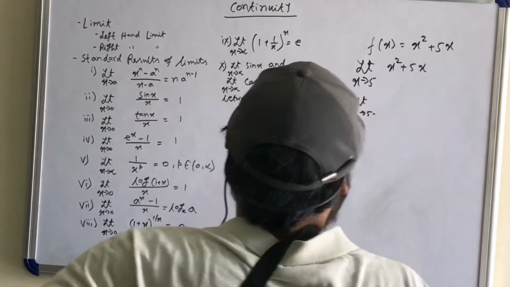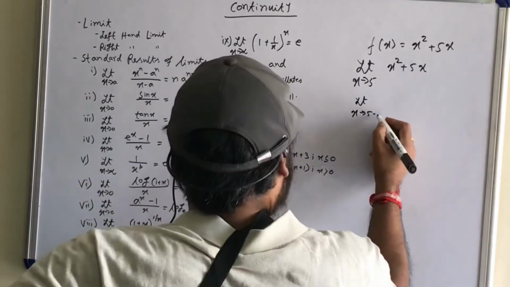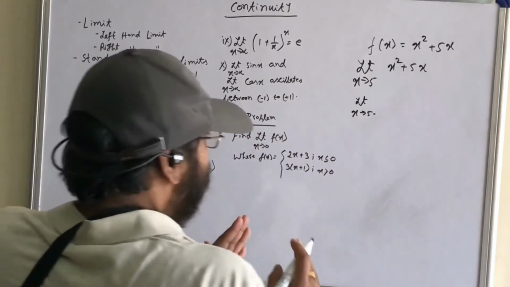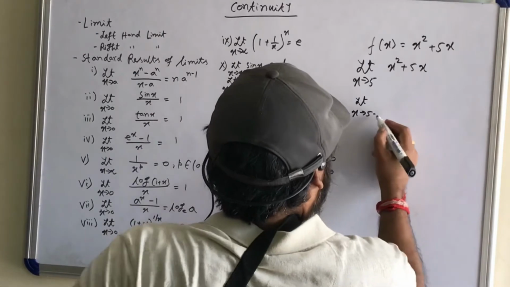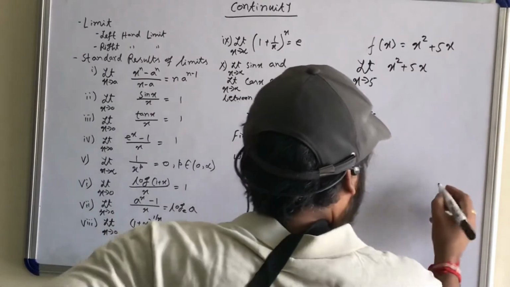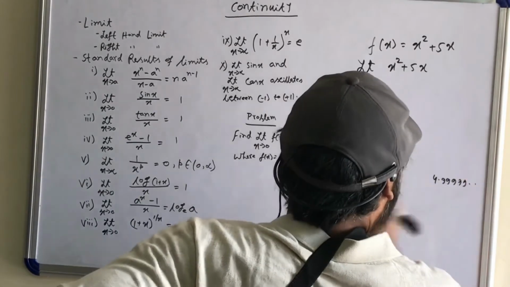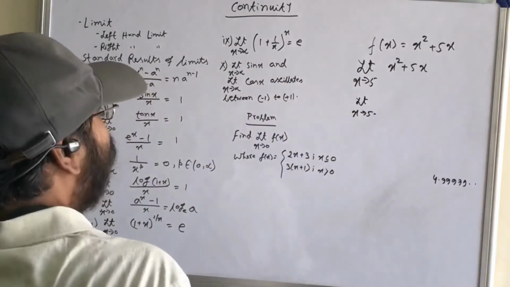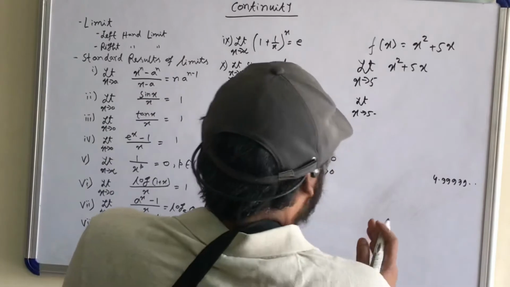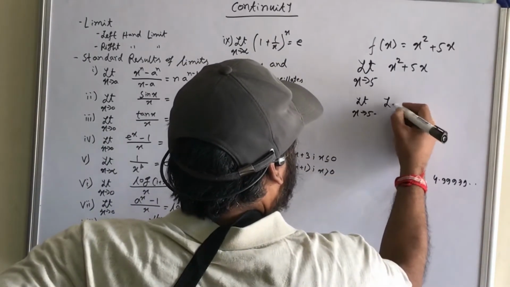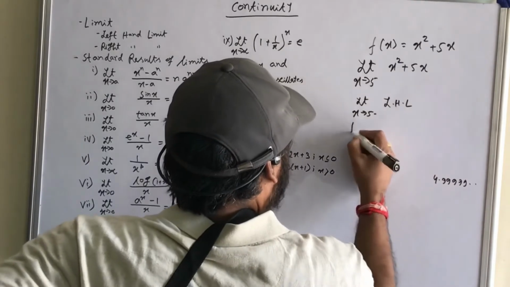It just cannot attain the value 5, but the value of that particular x will be say 4.999999 and so on. That is, it is less than 5. That is the left hand limit. What is the right hand limit?